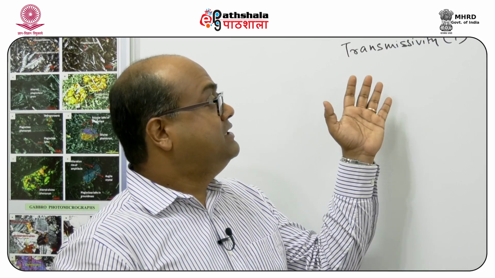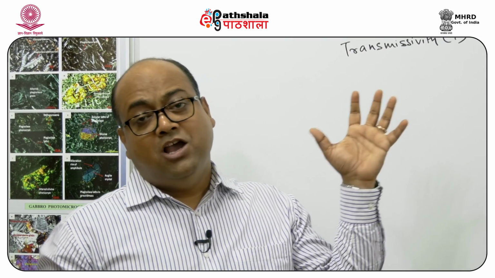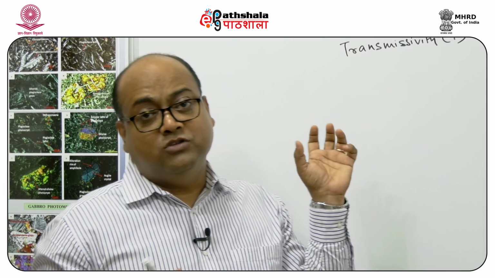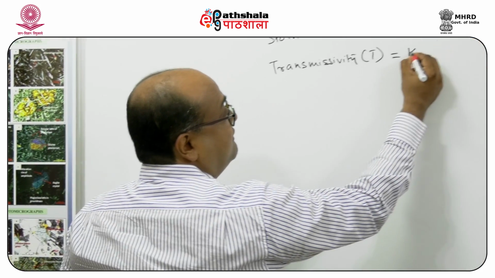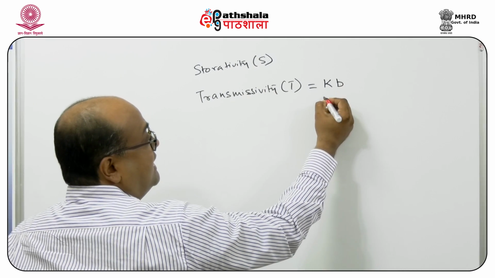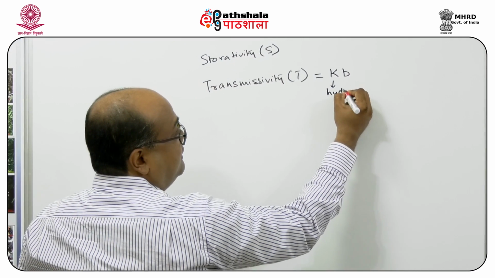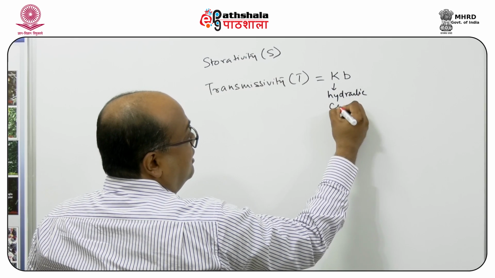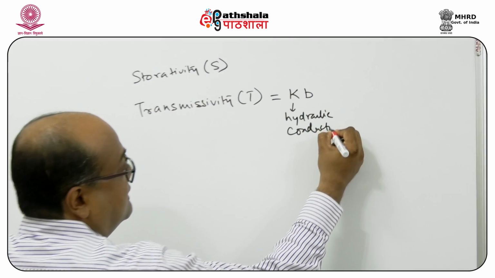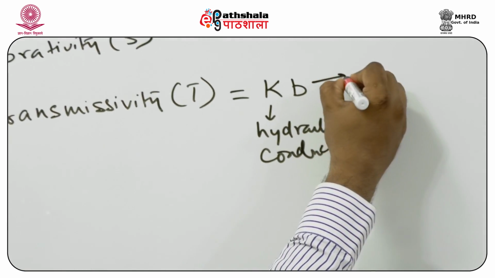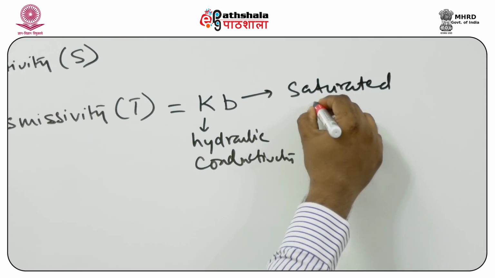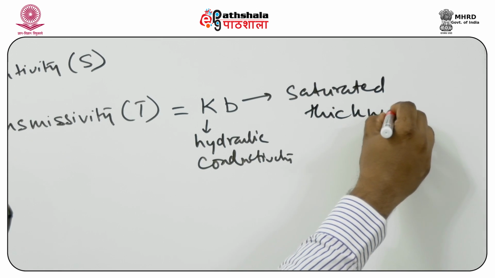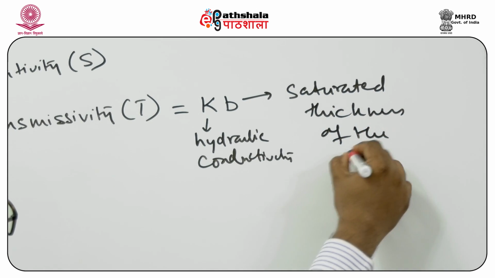And the transmissivity is a property of the aquifer which basically shows how the water is flowing from one side to the other. If you remember Darcy's equation, this is given by K times B. K is the hydraulic conductivity, and B is the saturated thickness of the aquifer, so basically the thickness of the aquifer.